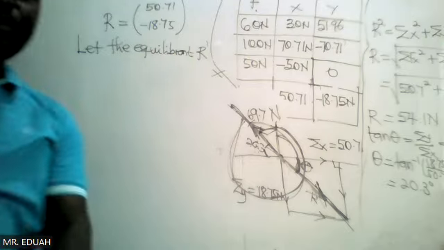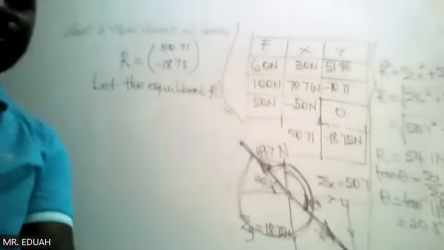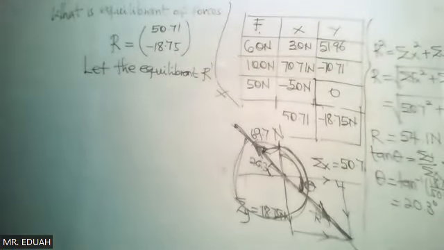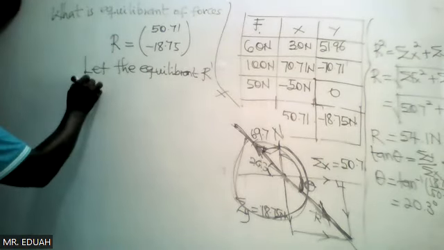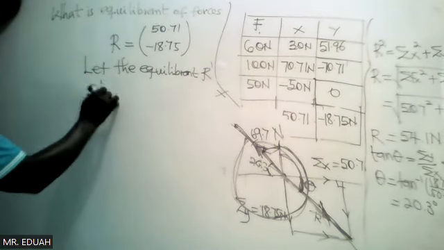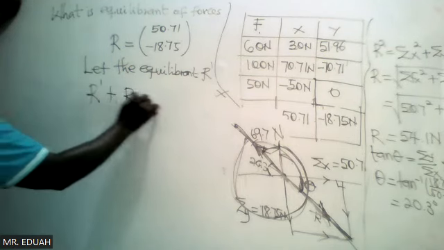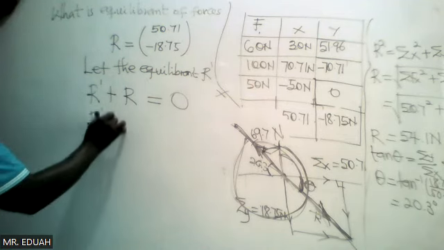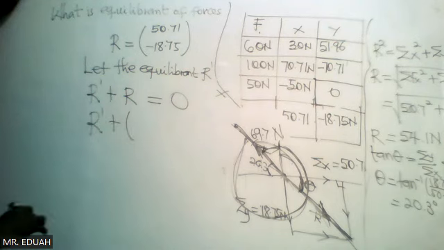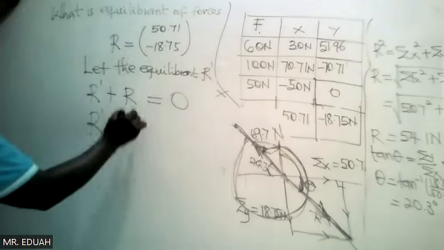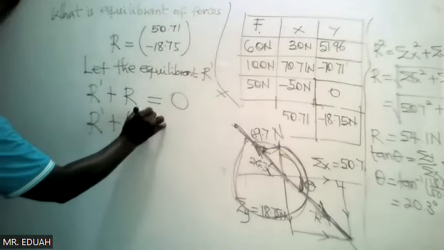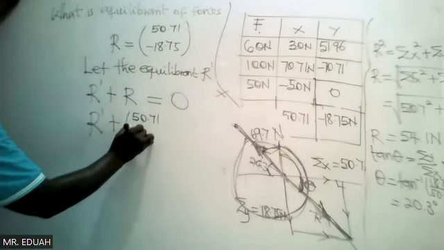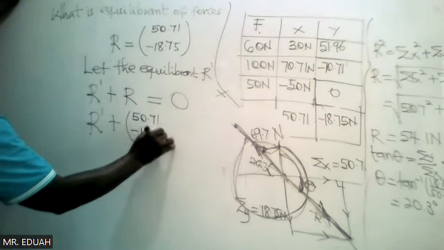Now, when the equilibrant is added to a system, the net force is 0. So R prime plus the resultant must give us a net force of 0. Therefore, the coordinates of the resultant are 50.71 and minus 18.75.